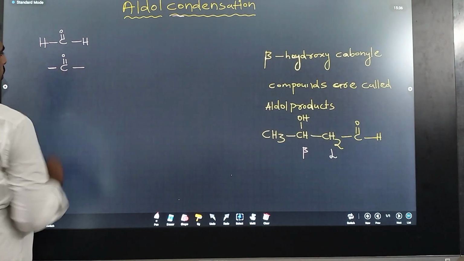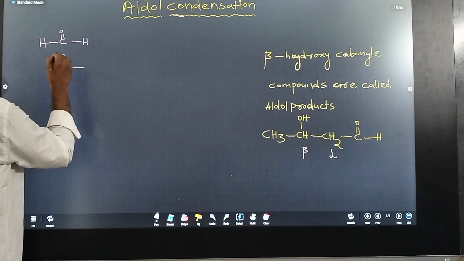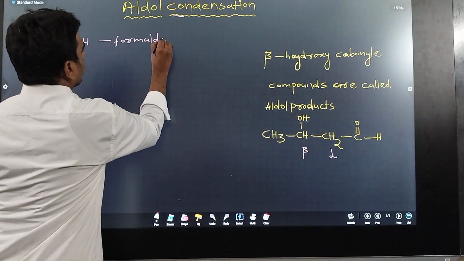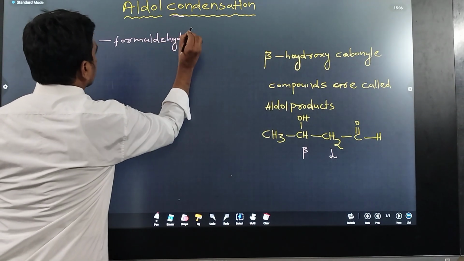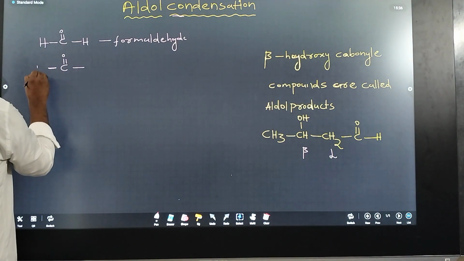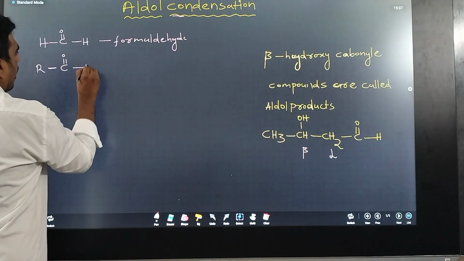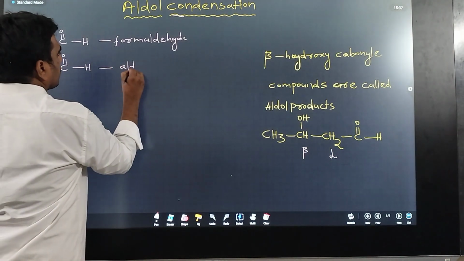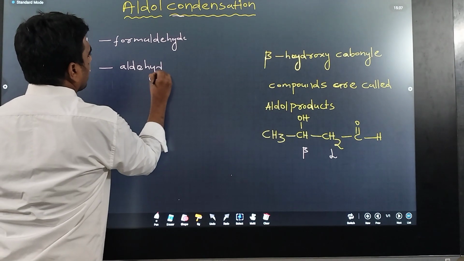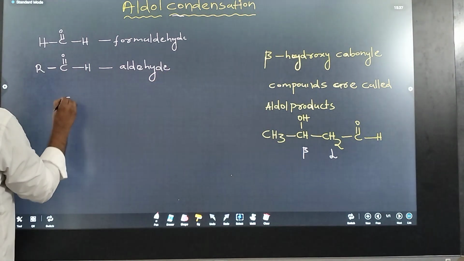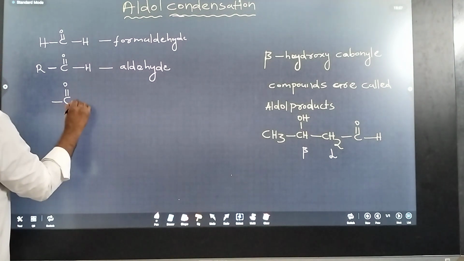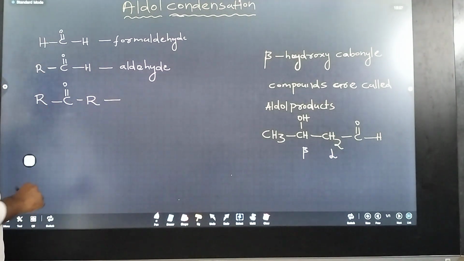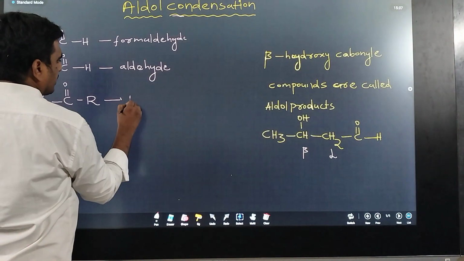If this C double bond O group has hydrogen on both sides, that is formaldehyde. If it has an alkyl group on one side and hydrogen on the other, it is an aldehyde. If it has alkyl groups on both sides, it is a ketone.